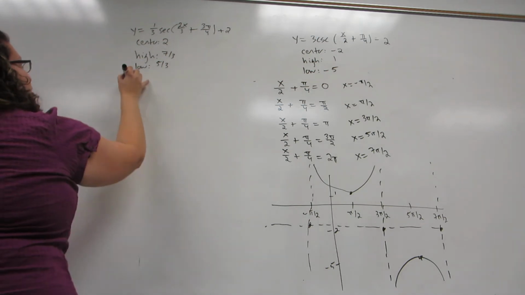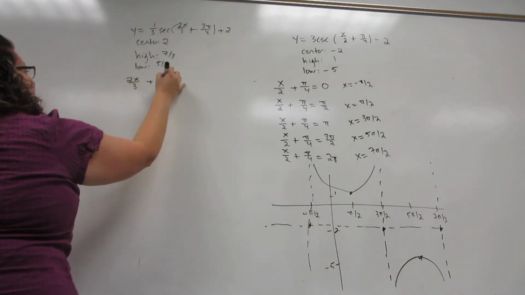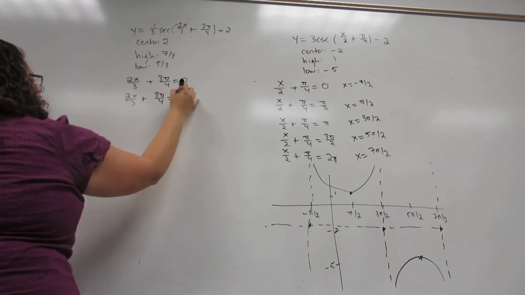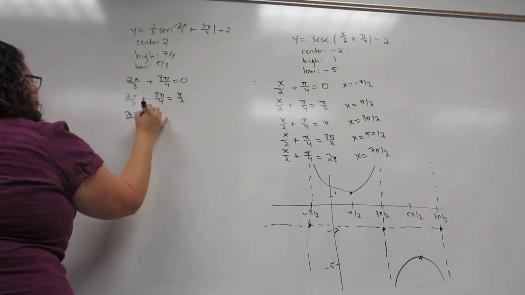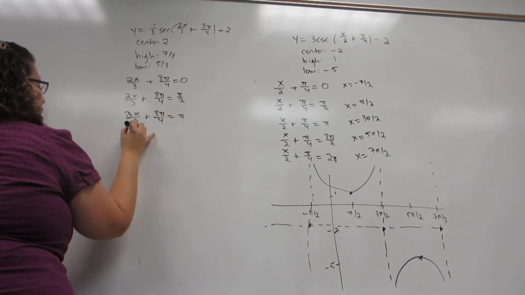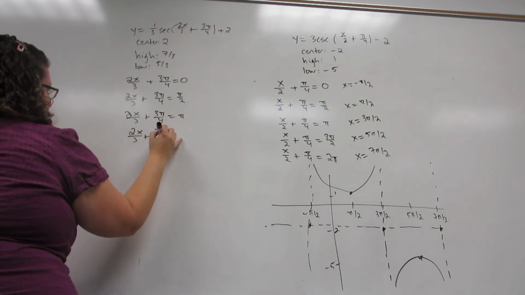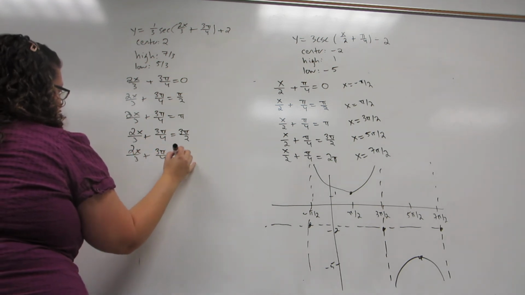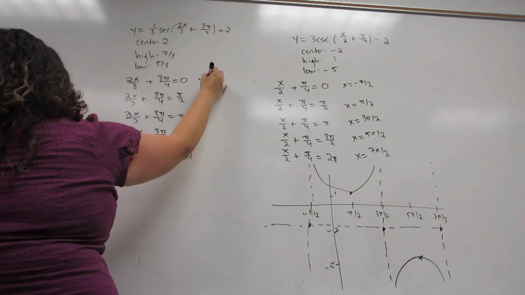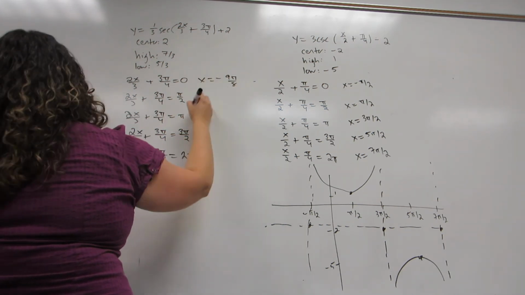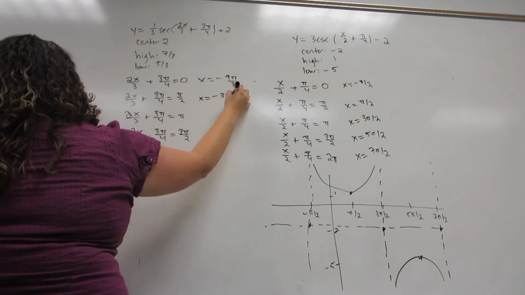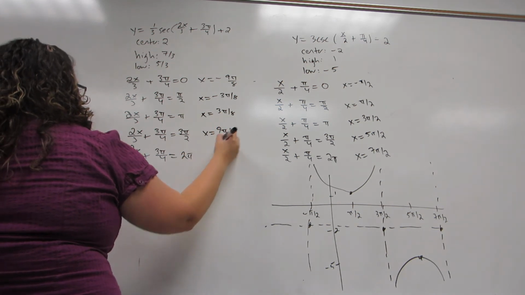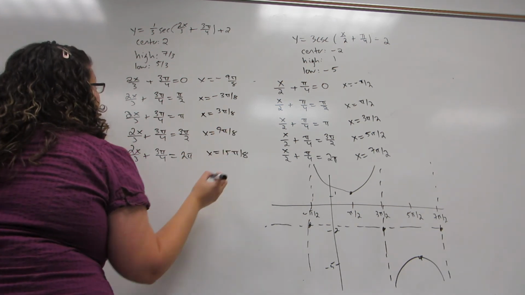To find the x-coordinate, I'm going to take the thing inside the parentheses and set it equal to my original special points. And solve each one for x. So I get negative 9 pi over 8, negative 3 pi over 8, 3 pi over 8, 9 pi over 8, 15 pi over 8.